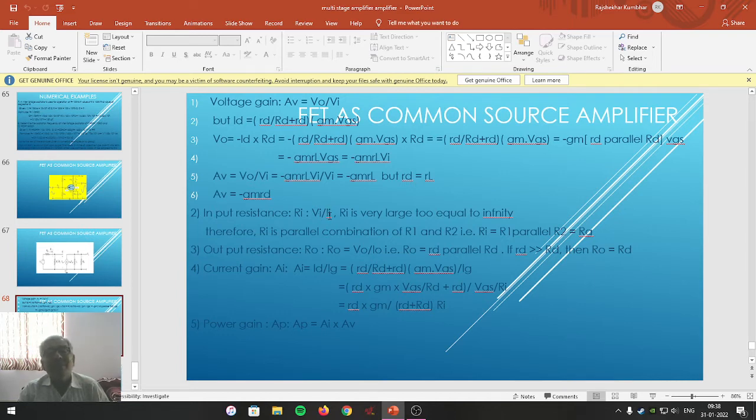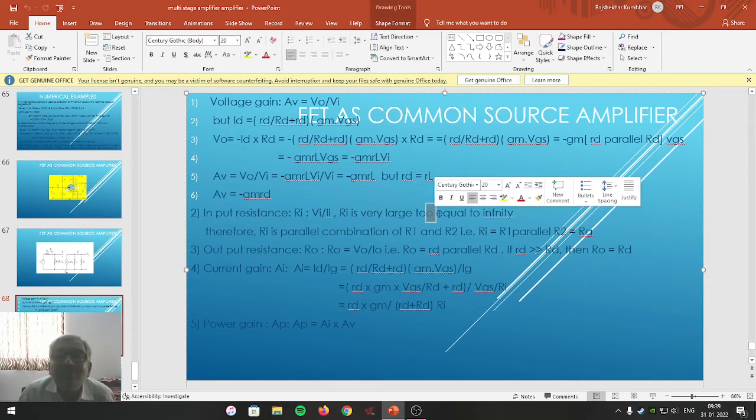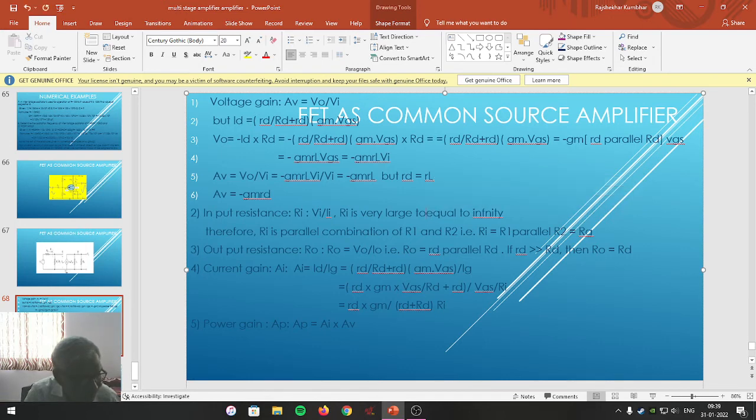But friends, we are well aware that as the gate to source junction is reverse biased, its input resistance is very large, almost equal to infinity.